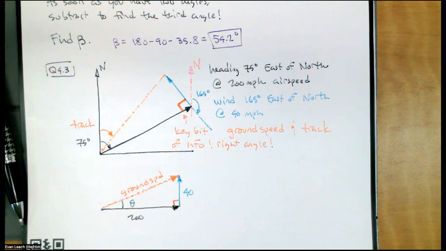Once we put a right angle in, that's what we're looking for in any problem that I give you right now about solving triangles. If there's a triangle somewhere, it's probably a right triangle. And a right angle shows up with a 75 degree heading and a 165 degree wind. That's going to put a 90-degree angle between the wind and the plane.